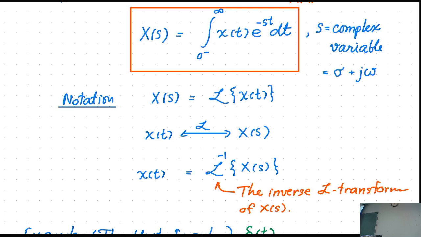Once we know x(t), we know X(s), and conversely, if we know X(s), we can uniquely identify x(t). They are a pair. They belong to each other, no one else. We also use this notation, L to the negative 1, to mean the inverse Laplace transform of X(s). If you put X(s) into here, we get x(t) out.